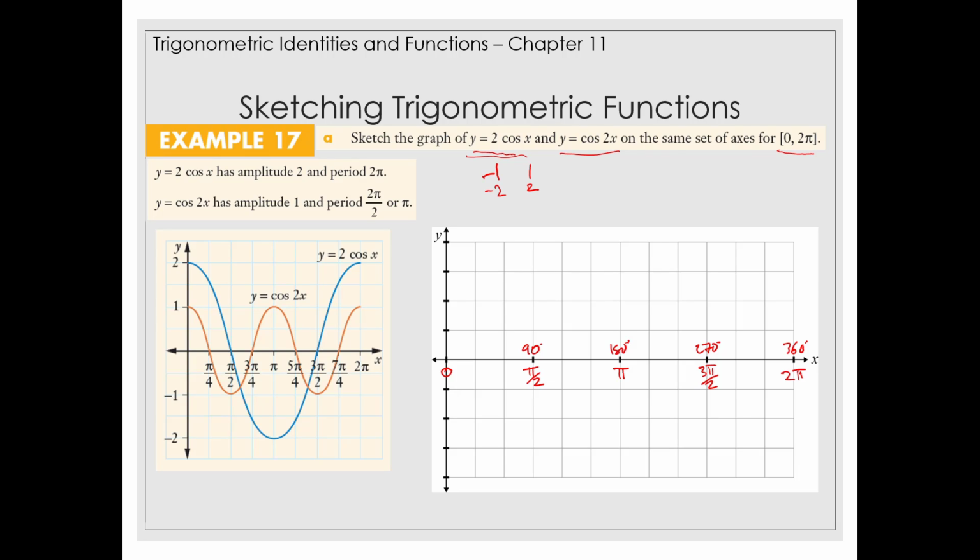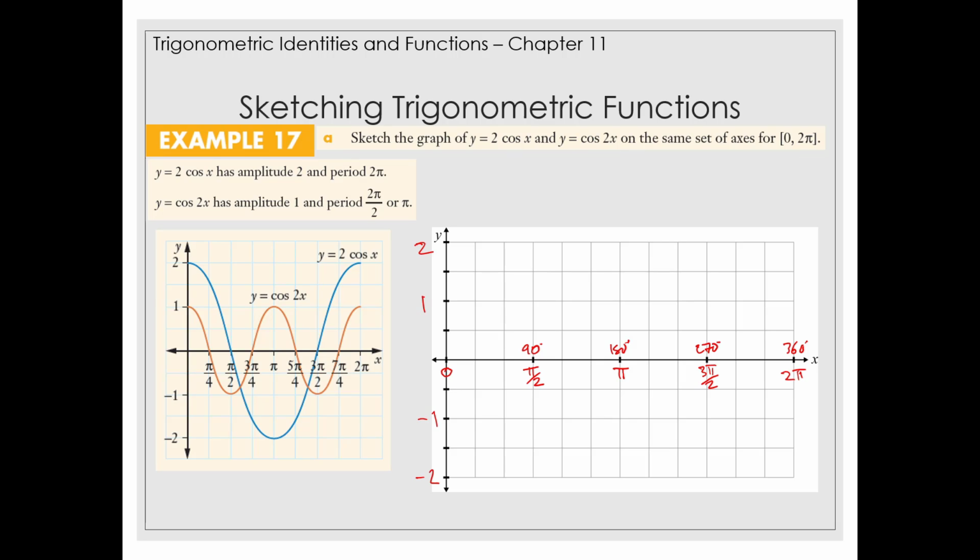So that's going to be the limits of our vertical scale. If we put the 2 up here and the -2 down here, that means -1 goes there and 1 goes there. That sets up our graph so we can start drawing things.